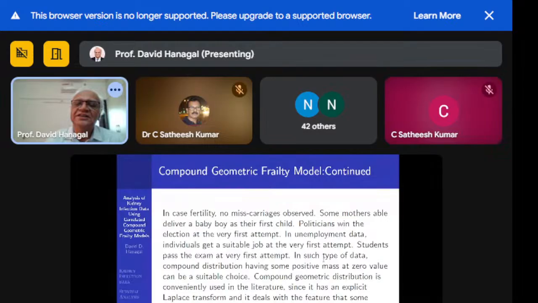In such types of data, a compound distribution having some positive mass at zero value can be a suitable choice. These are the examples. I also wrote some papers with my PhD students earlier about the compound geometric distribution or compound negative binomial distribution.